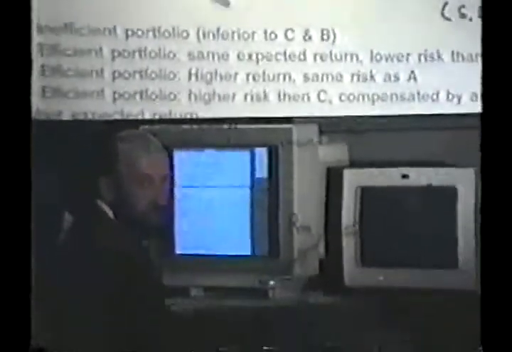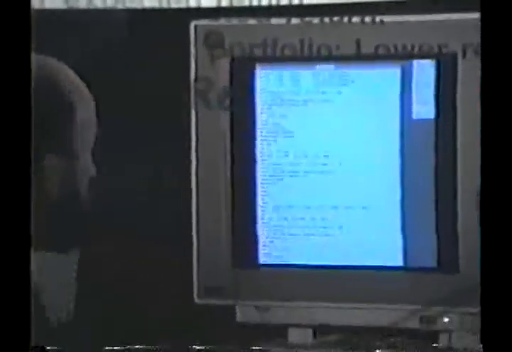I'm retrieving all the data that I saved before, the data that will have the points on the efficient frontier described above. Okay, now I'll try to graph it. The data is already stored in the namespace, which is a temporary storage area of Speakeasy, and the command is just graph EF, graph efficient frontier.